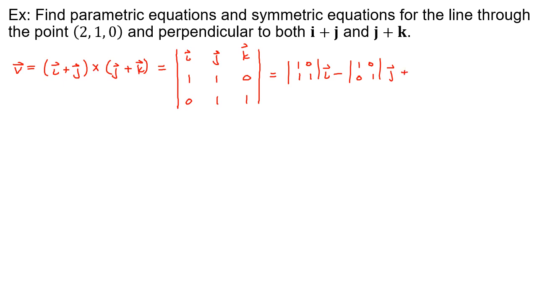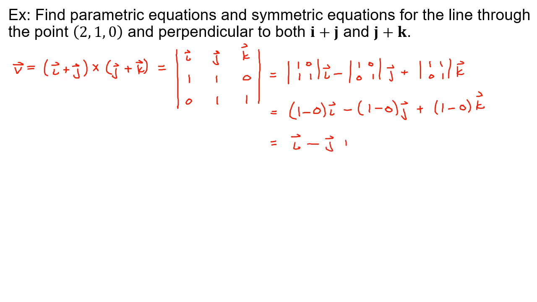And the k would be 1, 1, 0, 1. So I'd get 1 times 1 is 1 minus 1 times 0 is 0. I'd get 1 times 1 is 1 minus 0 times 0 is 0. And 1 times 1 is 1 minus 0 times 1 is 0. So my vector would be the vector i minus j plus k. Or if you want to write it as 1, negative 1, 1, it would be the same thing.